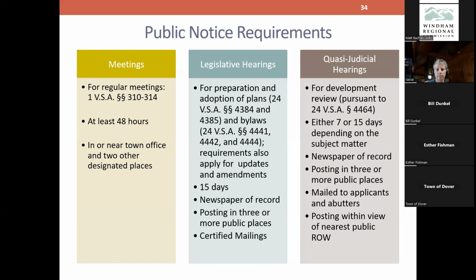For any update or amendment to your town plan or your zoning bylaws, you need to provide at least 15 days notice for those hearings. It needs to be published in the newspaper of record in your town, posted in 3 or more public places, and certified mailing is also required.